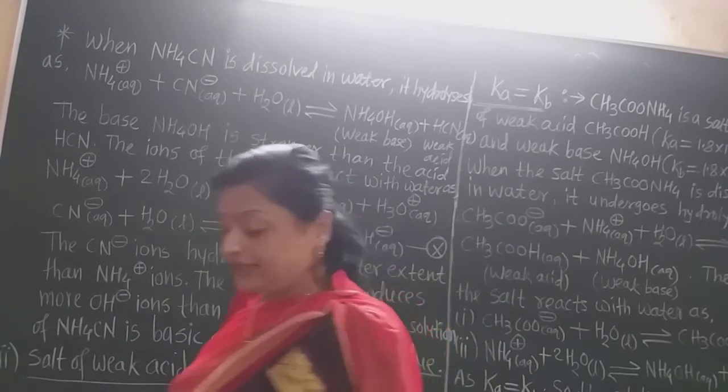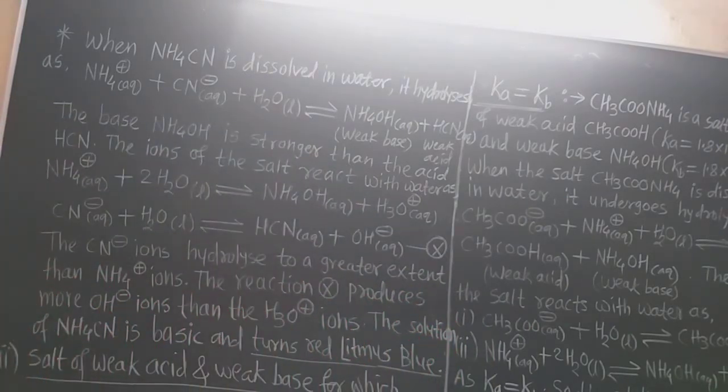Here red litmus turns blue. In the first salt, what was there? As the solution was acidic, in that case blue litmus turns red. But here, as the solution is basic, red litmus turns blue.